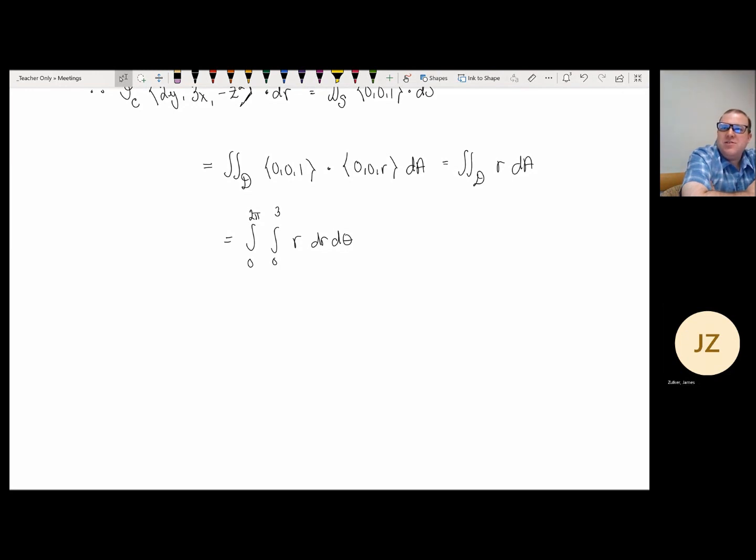If you set this up rectangularly, you get the integral from -3 to 3, integral from -√(9 minus x squared) to +√(9 minus x squared) of just dy dx. Which is this when you convert to polar. That's a polar area integral. So it's just the area of our domain. Nine pi.